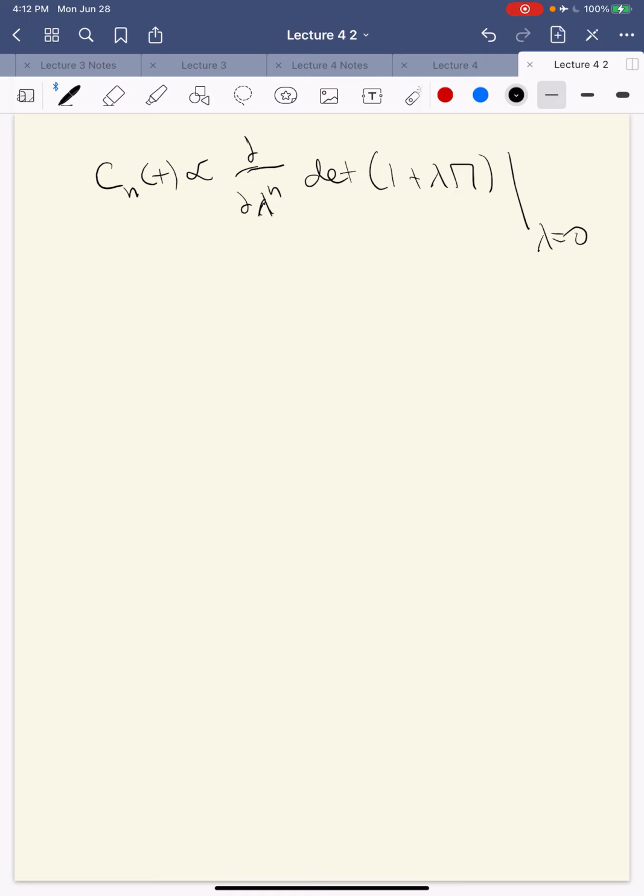So the next thing I'm going to do is note that I can also write the determinant of a generic matrix as e to the trace log of that matrix. So this is just a general property of determinants.